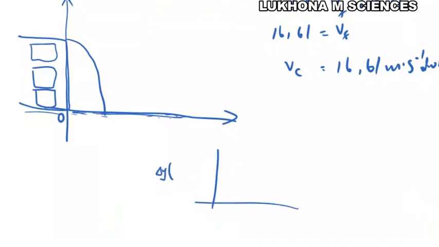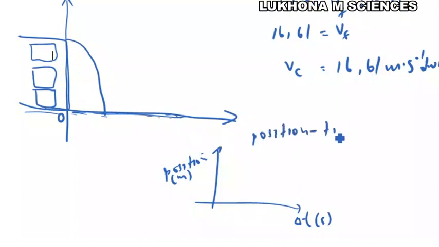Let's just say position of the ball, in meters here. Then on the x-axis we have the time. Then this is the position time graph.